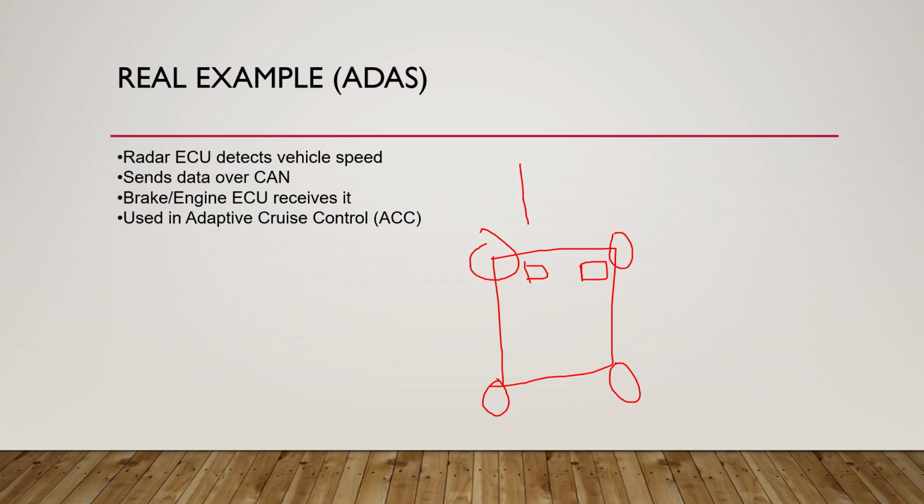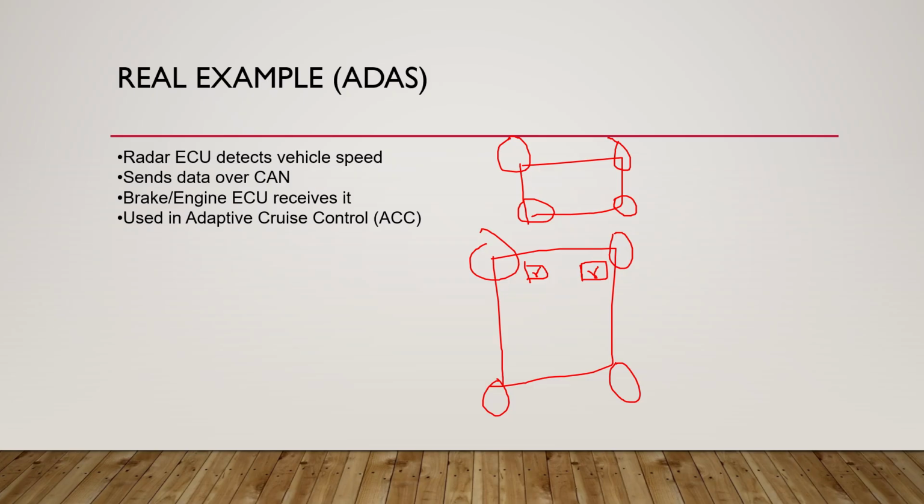So this is a vehicle ahead, and these are radar sensors. If a radar sensor detects a vehicle ahead, it sends the information using CAN, and then the braking system receives it and decides whether to slow down.